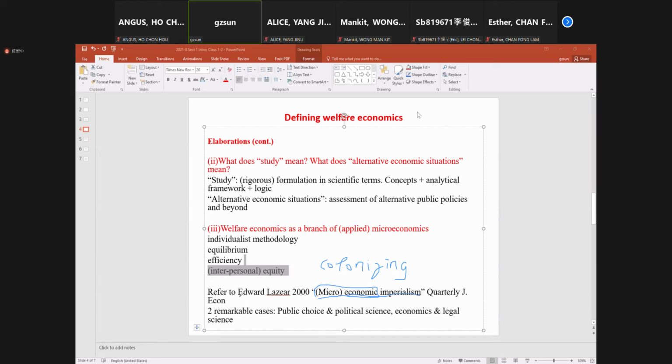And why is it so powerful? Edward Lazear, he died a couple years ago. He was one of the leading economists for many years. And he was the chair of the Economic Advisory Committee for President George W. Bush. And then he worked at Stanford, one leading institute, for many years, but a couple years ago, he died.